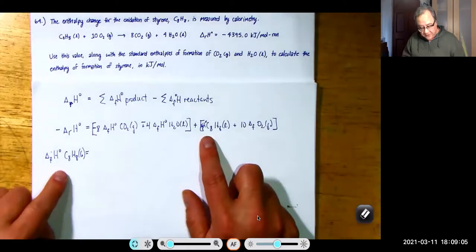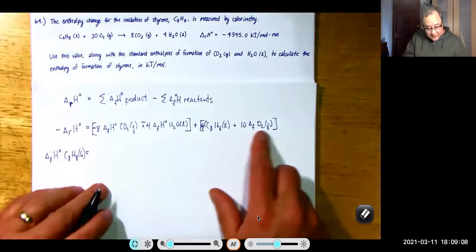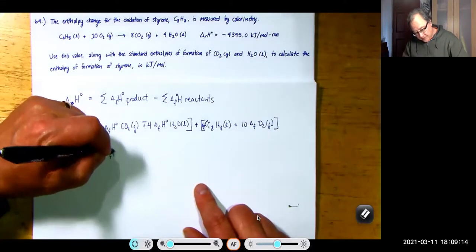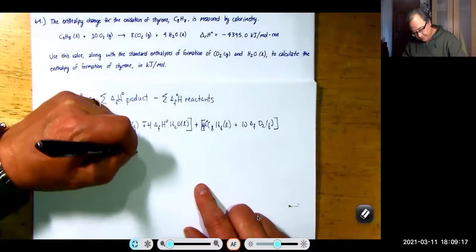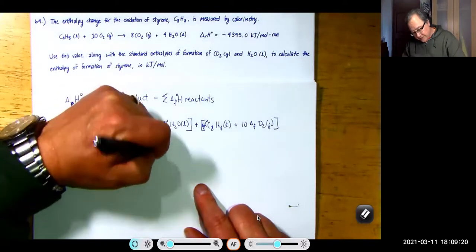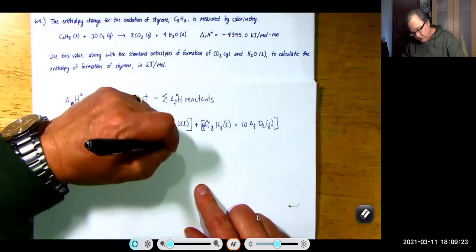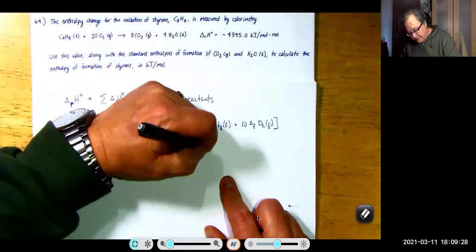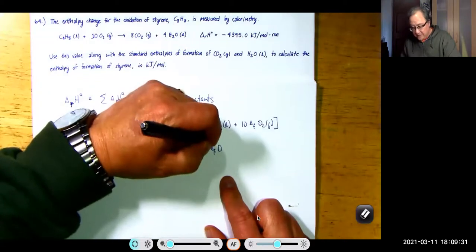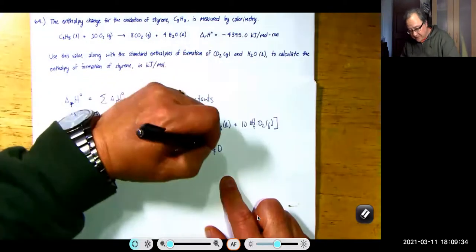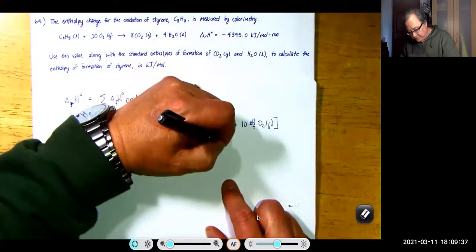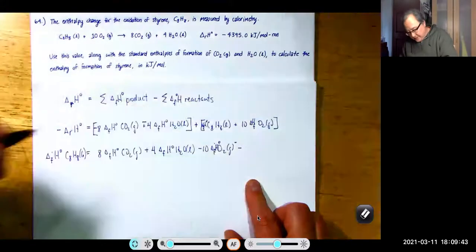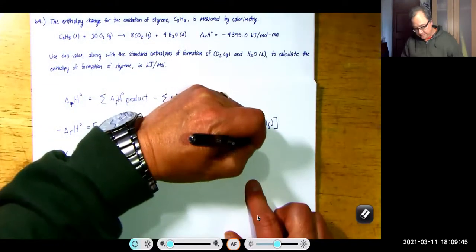So the enthalpy of formation of styrene is going to be, when I take these over to this side, 8 times the enthalpy of formation of CO2 plus 4 times the enthalpy of formation of H2O liquid. And when I take this to the other side, it's going to be negative 10 times the enthalpy of formation of O2. I forgot my H here. And then minus the heat of reaction.